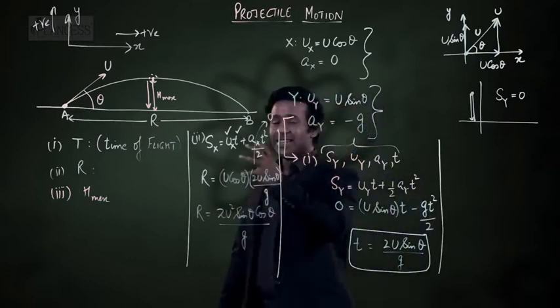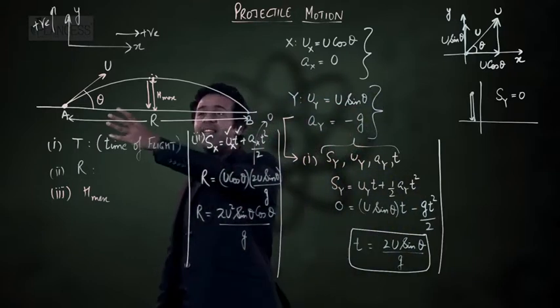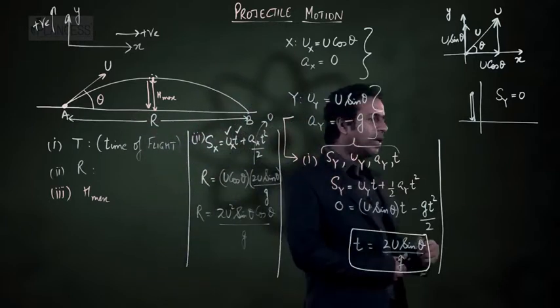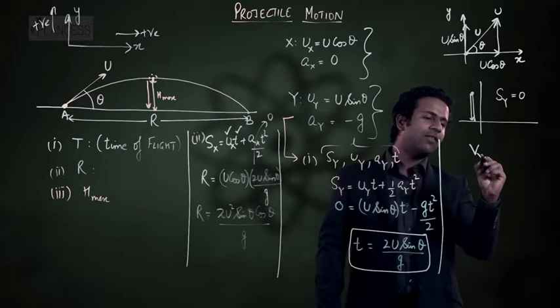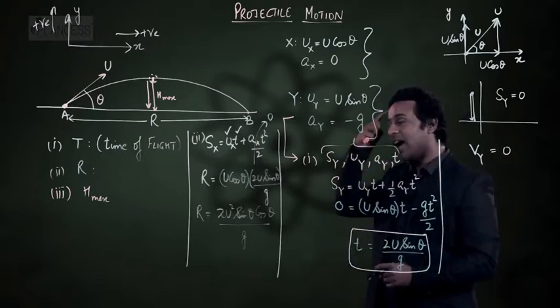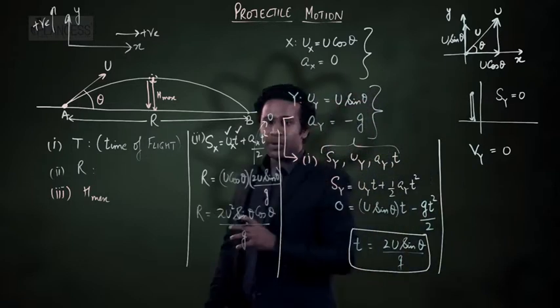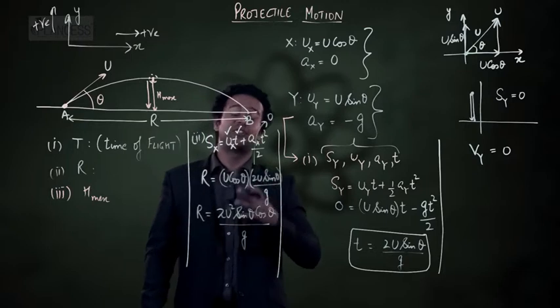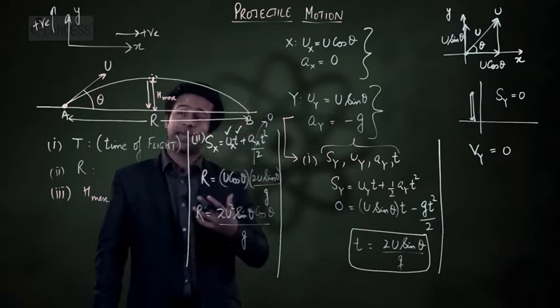So, in case of two dimensions, when the highest point comes, at that point only the speed along y becomes 0. So we can say that at the highest point, the y component of its speed becomes 0. The y component of its velocity, to be more precise, becomes 0.